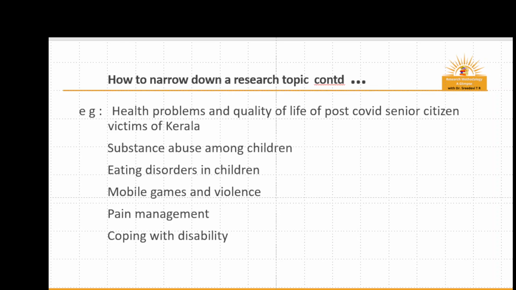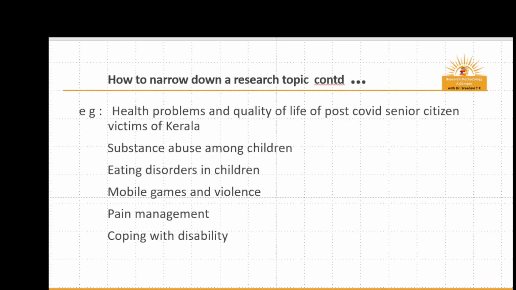Generate a list of more specific areas of interest, subtopics related to your overall topic. Impact of social media on communication, behavior, emotional problems, substance abuse among children: which age group, which gender you are selecting, specify the place, state, district, school, government school or private sector, the relationship, cause and effect, compare between male and female.